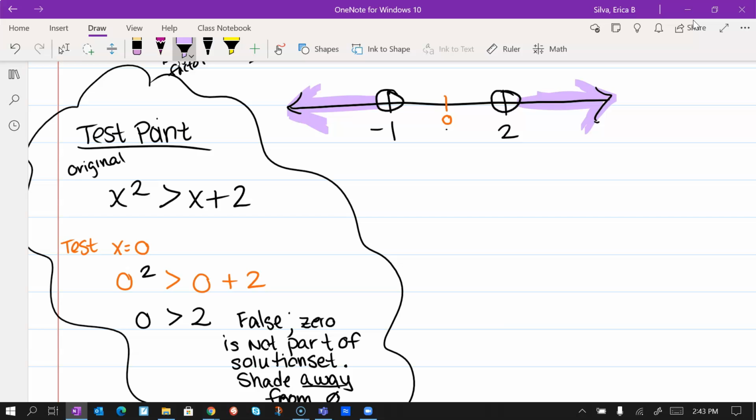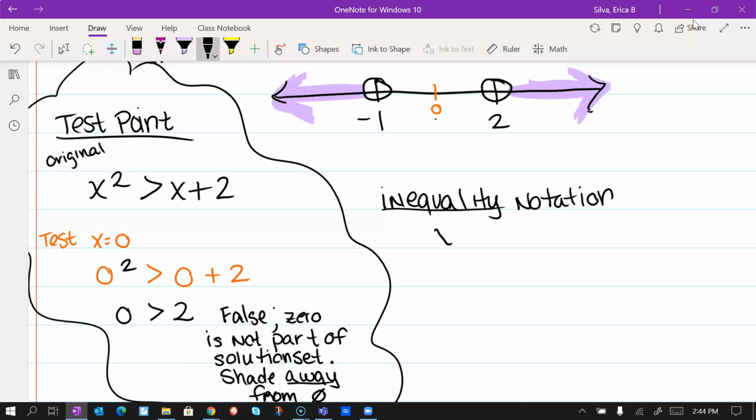All right, so now what's left is for us to write it in interval and set notation. I'm sorry, interval and inequality notation. So we're going to start with inequality notation. And inequalities when we're using the greater than or less than signs. So we're going to put x and put -1. And all these points, are they greater than -1 or less than -1?